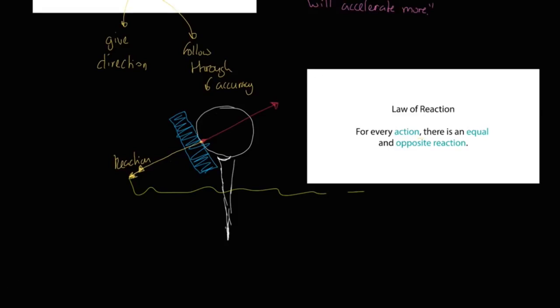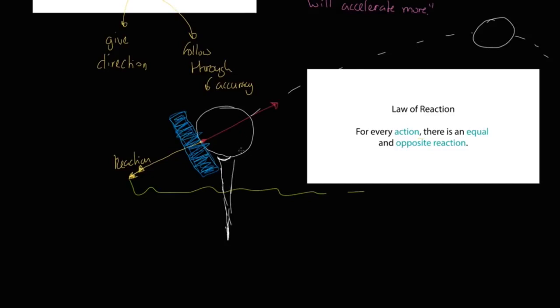The reason is that the club head has more mass, and therefore it has a greater momentum at the contact point. So the ball is going to accelerate off and travel on that flight path, because the club head has a larger mass than the ball does.